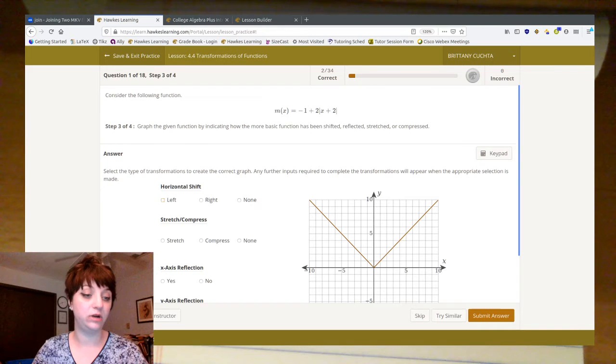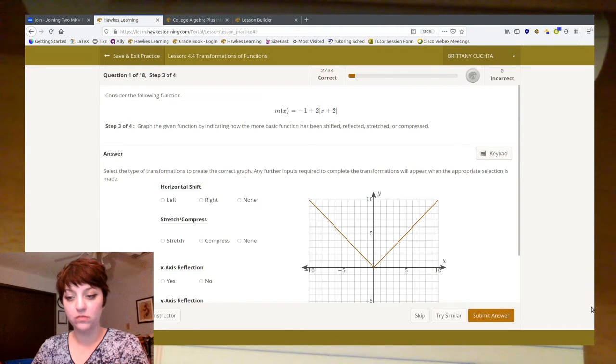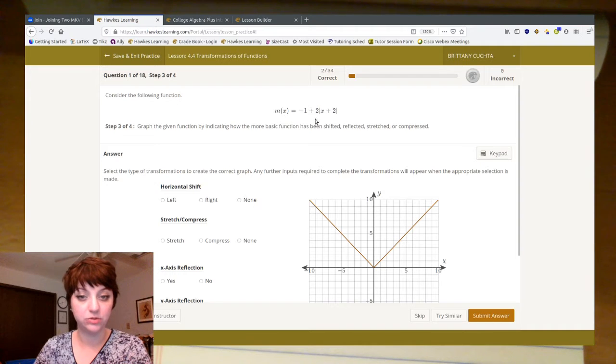Another way you could think of writing this is 2 times absolute value of x plus 2, minus 1. A lot of times when students see this, they're confused because this isn't in the form I've been doing in the examples. But this is still a subtraction of 1.